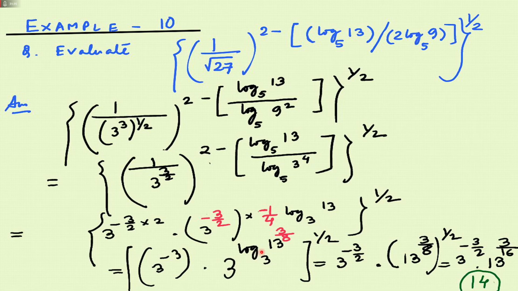So 3 to the power log x base 3 will give you this x. So that means 13 to the power 3 by 8, and this half is coming from here. So finally you have 3 to the power minus 3 by 2 into 13 to the power 3 by 16. So finally the value of this relation is this.